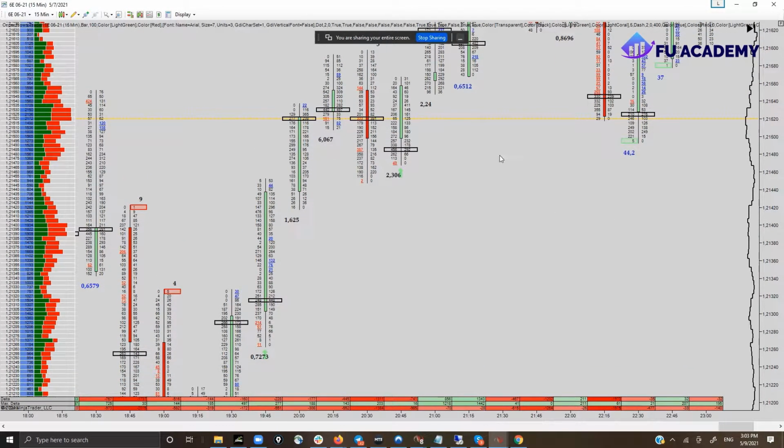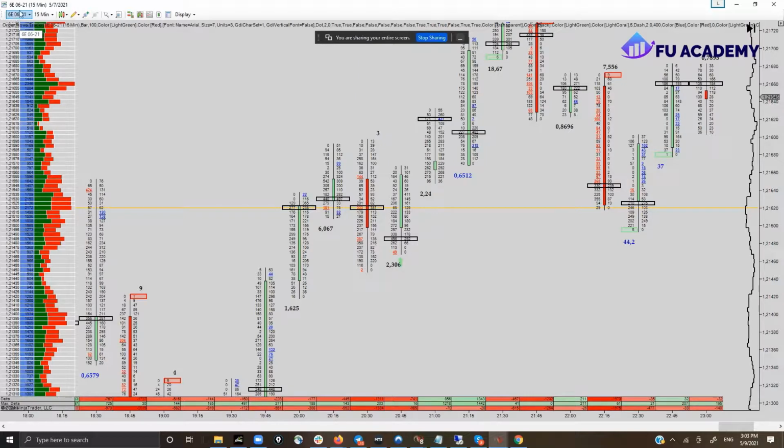If you see, this is a 6E chart. You can see here the top left corner, 6E. 6E is Euro USD. So this is actually Euro futures data.